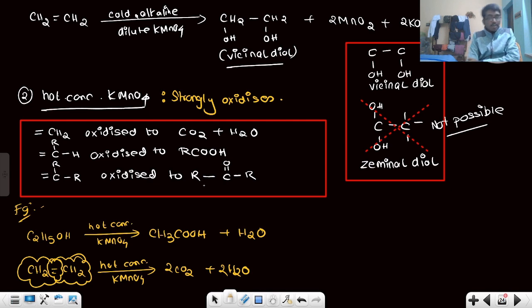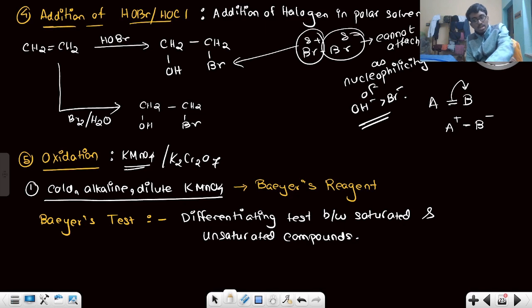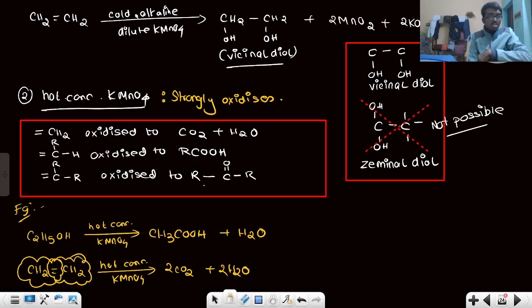Clear or not clear? Understood? So you have to use two cases. One is alkaline dilute KMnO4, the Baeyer reagent. The second one is hot concentrated KMnO4, which directly converts alcohol to carboxylic acid. Clear or not clear? Geminal, vicinal position understood. Geminal diol is not possible. Vicinal diol is possible when you use cold alkaline dilute KMnO4. Clear? Any doubt is there?